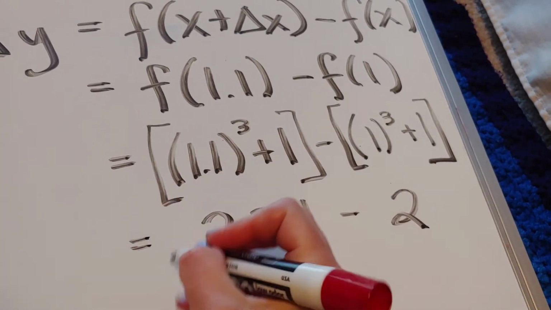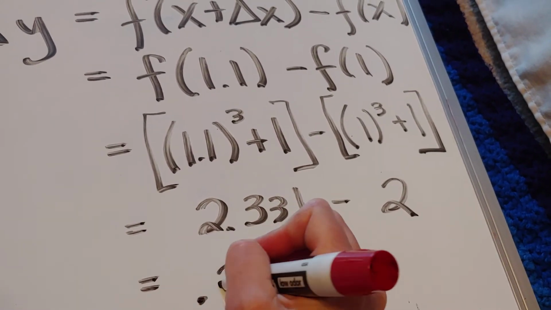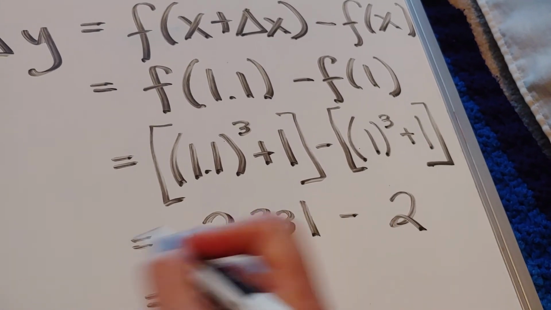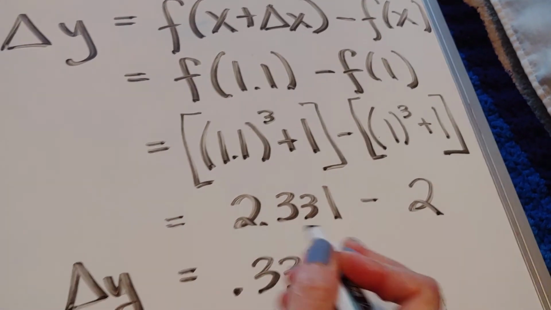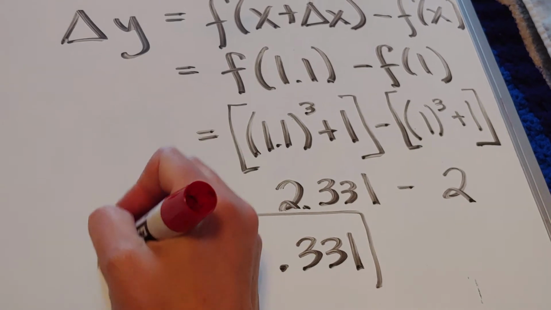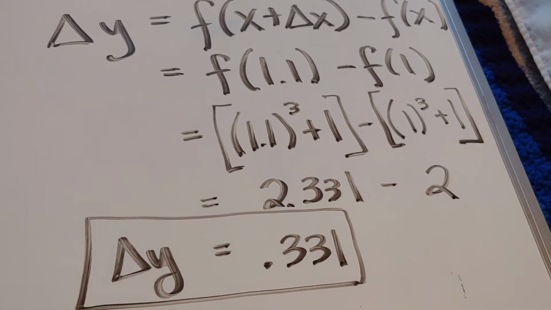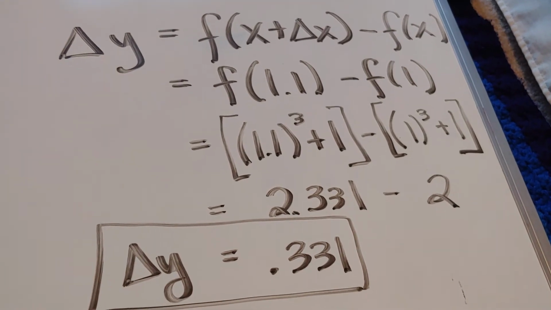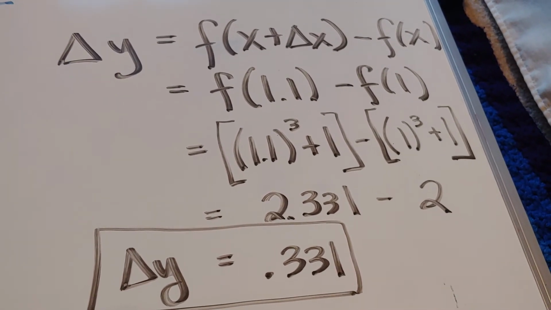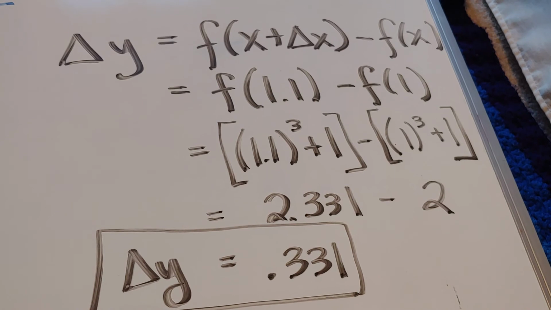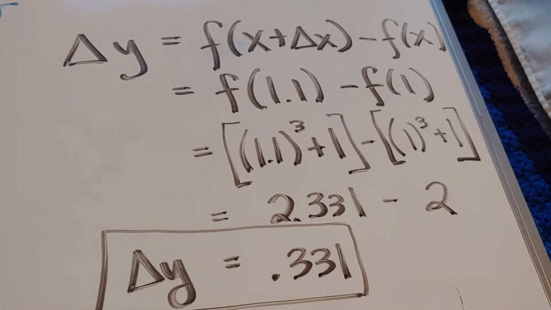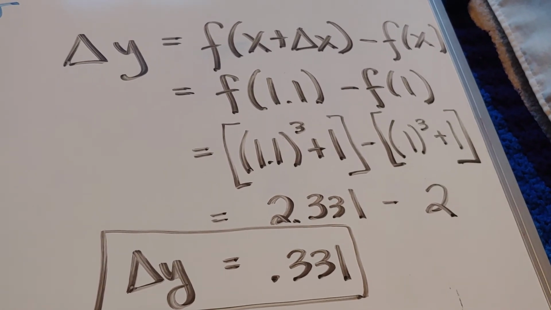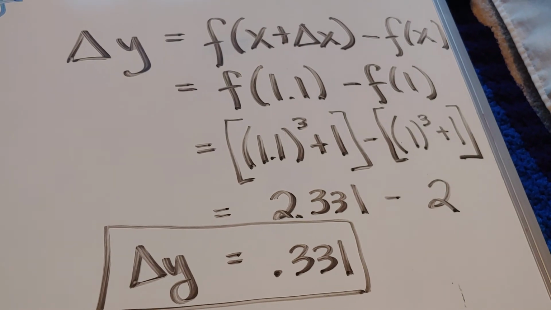And as you can see, when I subtract, the change that I see, delta y, is going to be this 0.331. So anytime in the book they ask you to find the actual change, you're going to find the function, evaluate it at one spot, evaluate it at the spot plus a little bit, that's the delta x, and take the difference between the two.